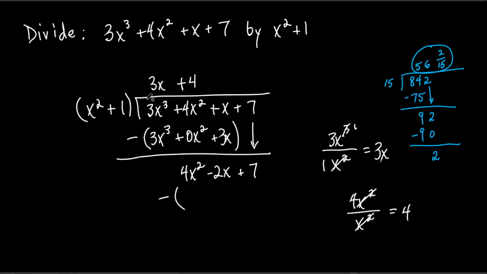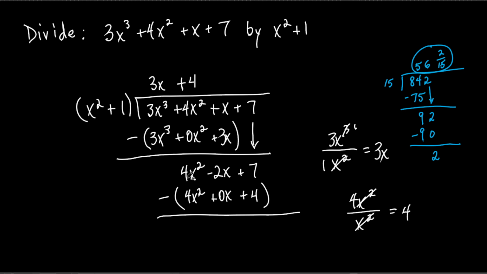All right, so let's do it. So just take the 4 and multiply it by this thing right here. So what do we get? 4 times x squared is 4x squared. Okay? Now, we don't have any x's, do we? So I'm going to put a plus 0x since I don't have any x's. And let's do the next one. 4 times 1 is 4, so I put plus 4. With me?